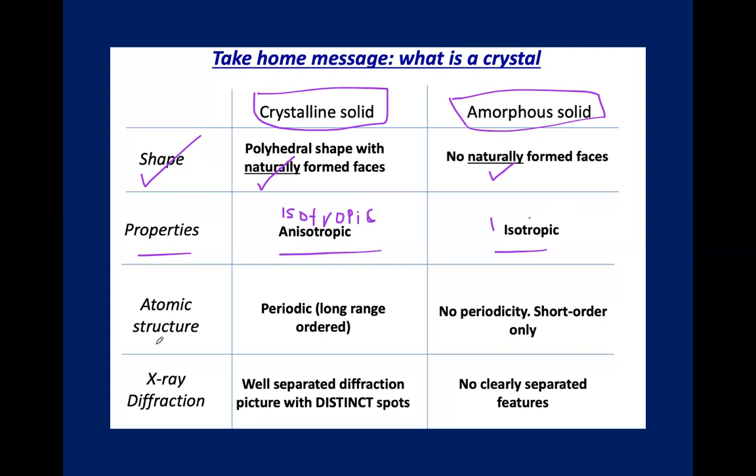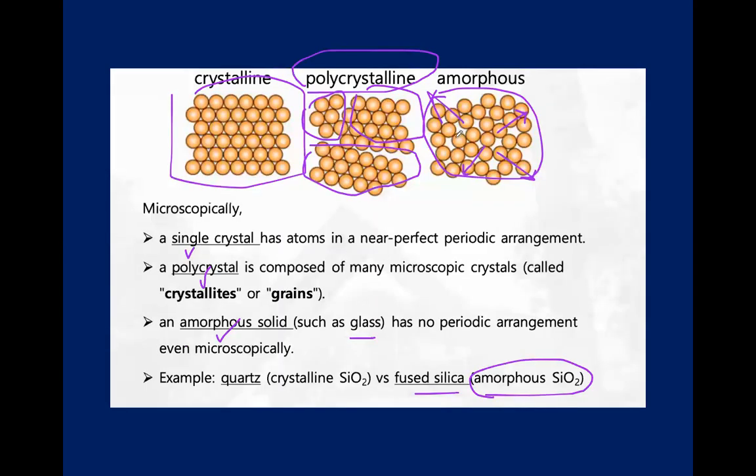Then atomic structure, it's periodic, right? Periodic ordered arrangement is there for crystals, but for amorphous materials, there is no periodicity, right? There is no periodicity, but very short order periodicity can be observed. For example, if you take this part and there is a similar part maybe here, right?